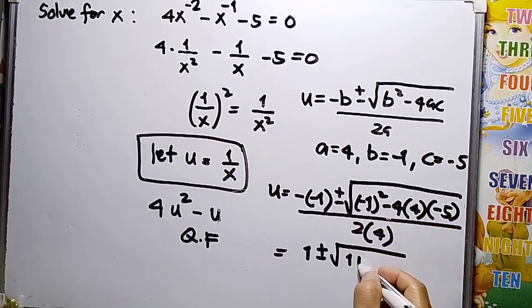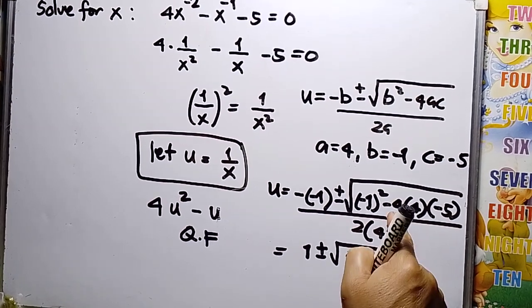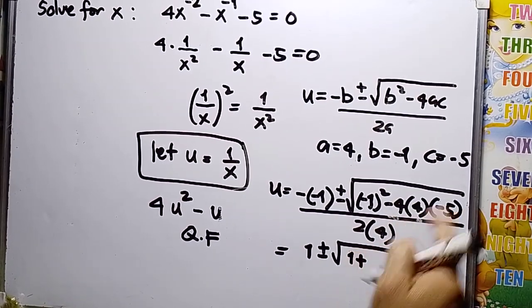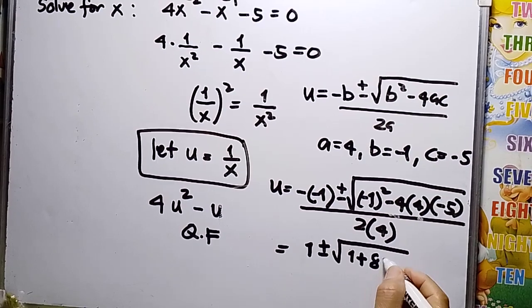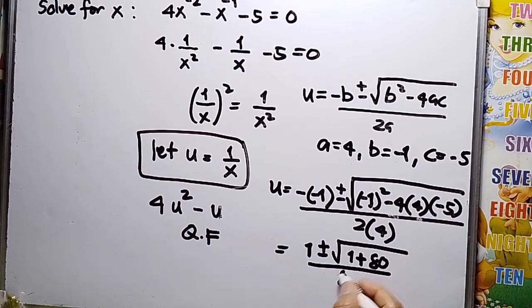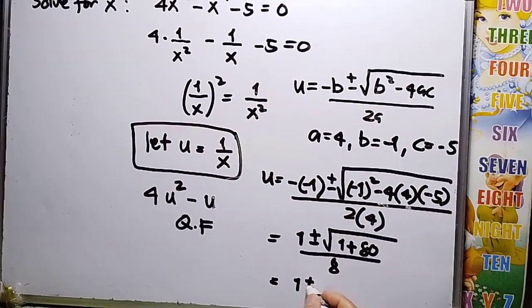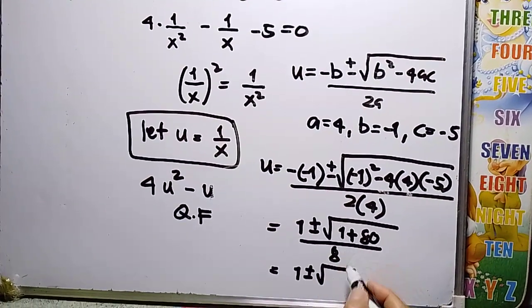Negative times negative is positive 1, plus or minus the square root of 1, and negative times negative is positive. 4 times 4 is 16, 16 times 5 is 80, then over 8. So I have 1 plus or minus the square root of 1 plus 80.